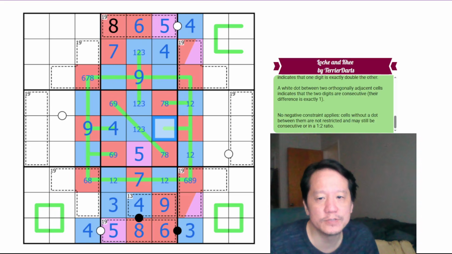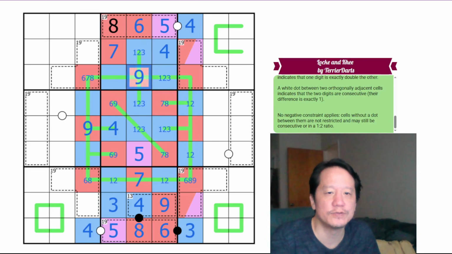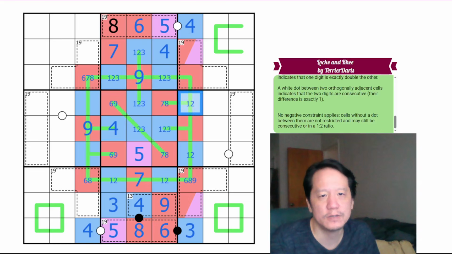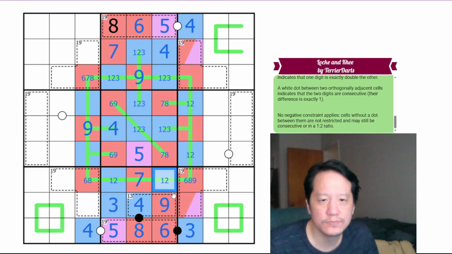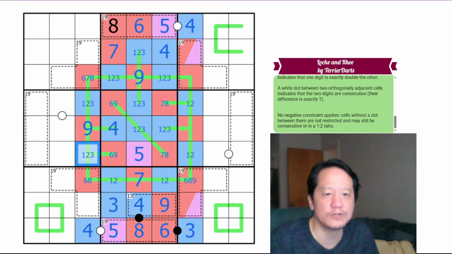This is 1, 2, or 3. We have 1, 2, or 3 here, 1, 2, or 3 here. This digit, well, could be 3. Never mind. This is next to 2 unique digits on a Whisper 5 line. Same here. So this is 1, 2, 3, 1, 2, 3.